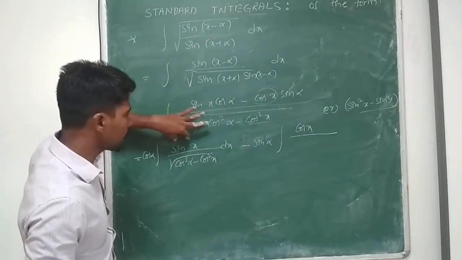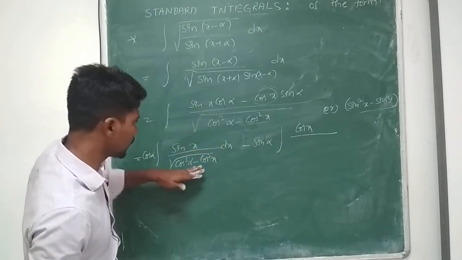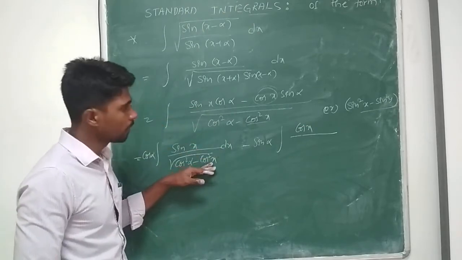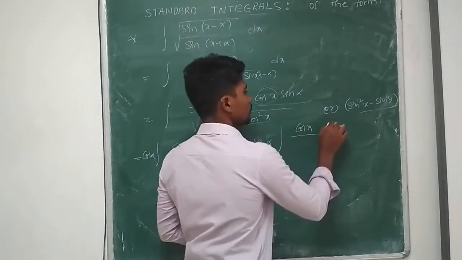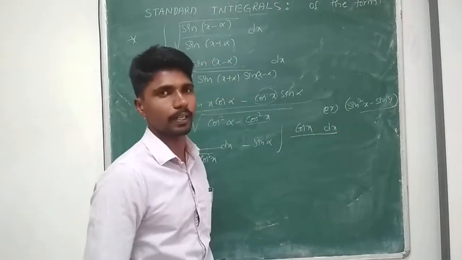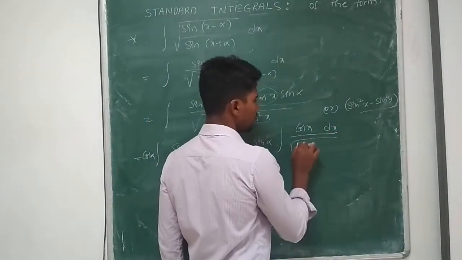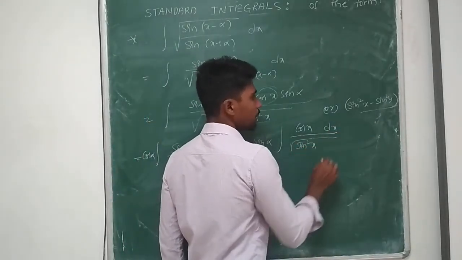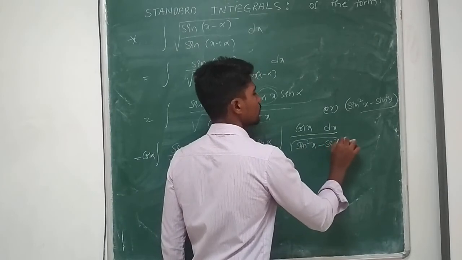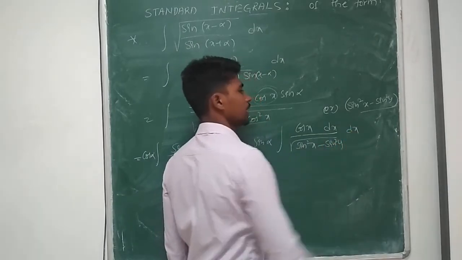If the variable is sin x into dx, use the denominator in terms of cos. Now it is cos x dx, so I want to express it in terms of sin, so I use root of sin square x minus sin square alpha dx.